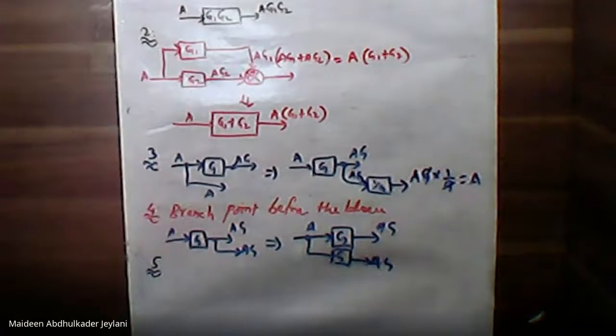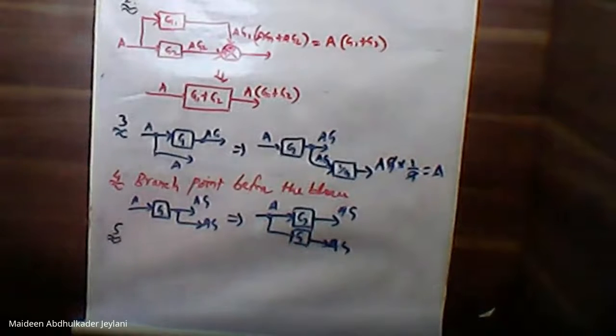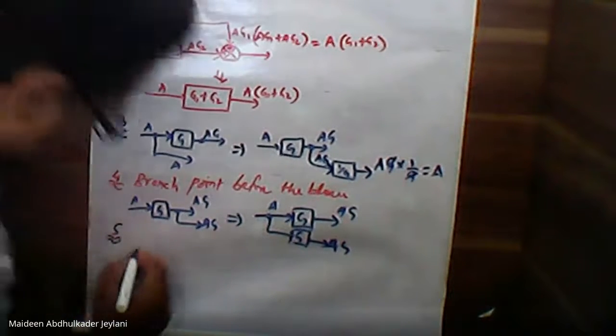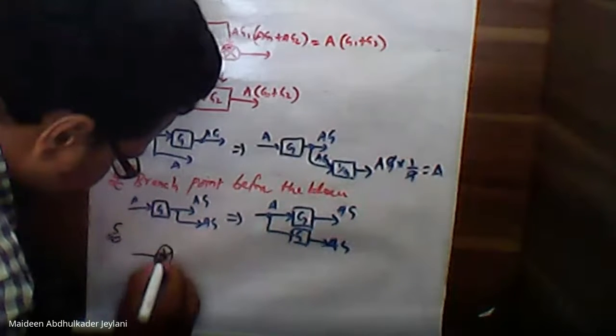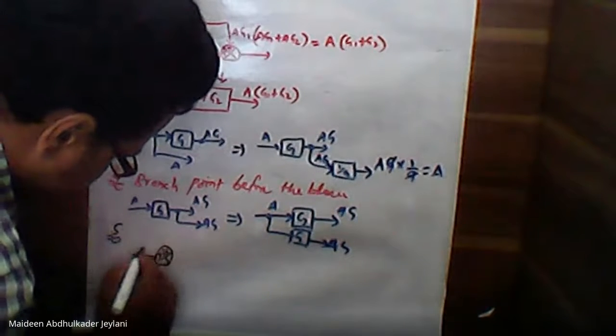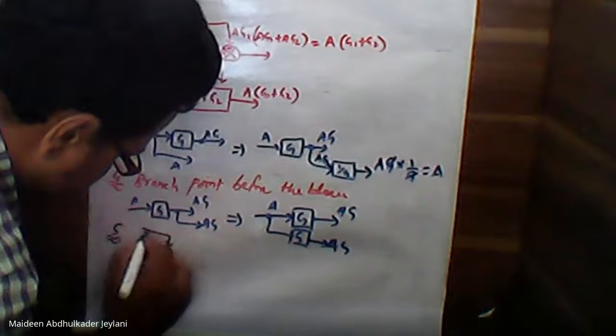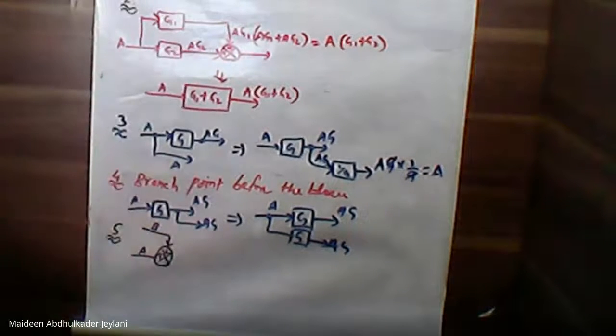Rule number 5 is about moving a summing point ahead of the block. Consider this is A, and this is B. Both are positive.